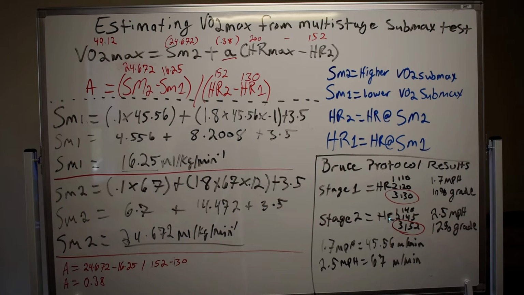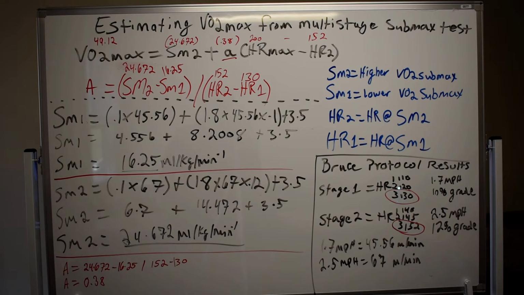In stage 2, we have heart rates of 140, 145, 152. This circled 152 will act as our heart rate 2. I've also put the standard stage 1 and stage 2 speeds and grades of the Bruce protocol over here on the right.